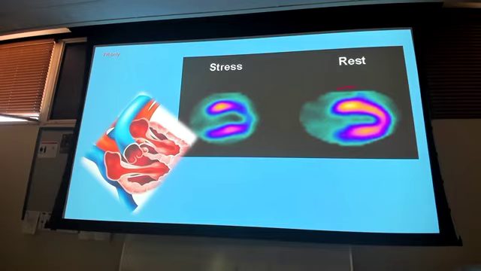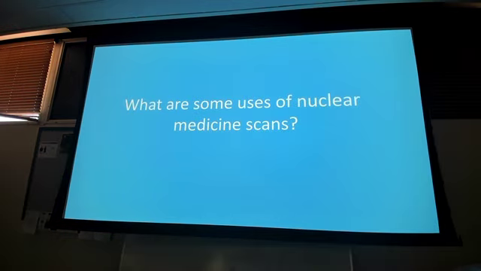Because at rest, everything looks nice and perfused. Get that heart rate going, completely changes the way the scan looks. So this is why they throw the patient on the treadmill, or they do the pharmacological way to get their heart rate up, so they can get a true representation of what that heart's looking like when it's being stressed out in a high heart rate, because it does change the view.